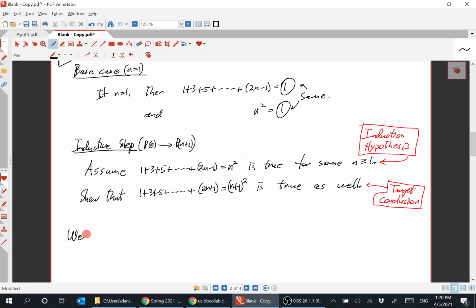Okay. This one's not too bad. 1 plus 3 plus 5 plus all the way up to 2n plus 1 is actually equal to what? Well, what comes before 2n plus 1 in this string of consecutive odd numbers? The 2n is even. What's the odd number that comes right before it? 2n minus 1.